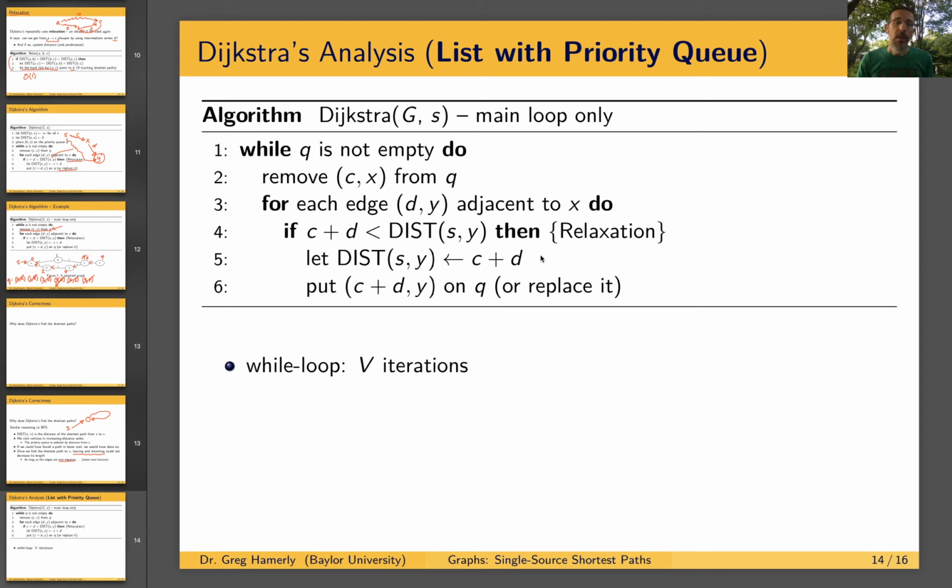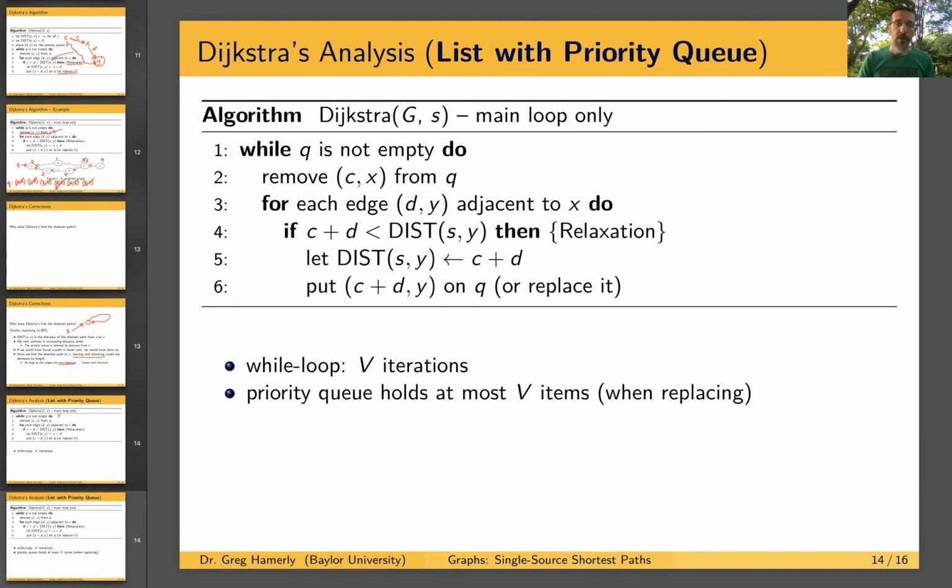Okay. This while loop is going to iterate V times, as I say here. Now, why is it going to iterate V times, or at most V times? Because every vertex gets placed onto the priority queue and then removed from the priority queue. So that can only happen V times if we're using replacement when we discover shorter paths to vertices that we've already discovered.